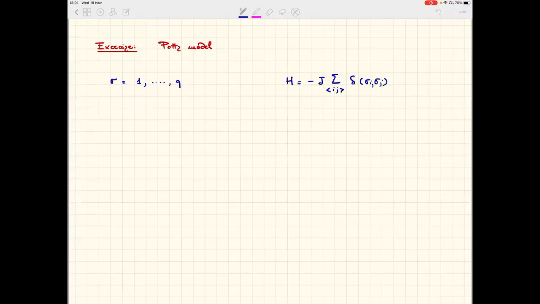Okay? Now, you should think of this as if in practice your Potts variable is something like a spin that doesn't have just two positions, up or down, but has many positions in space.